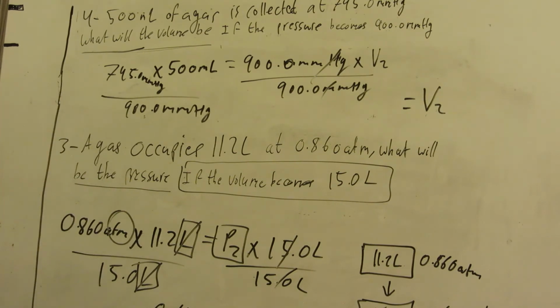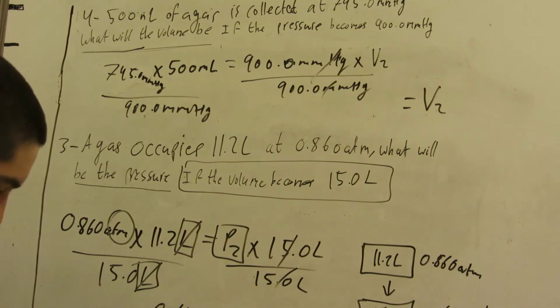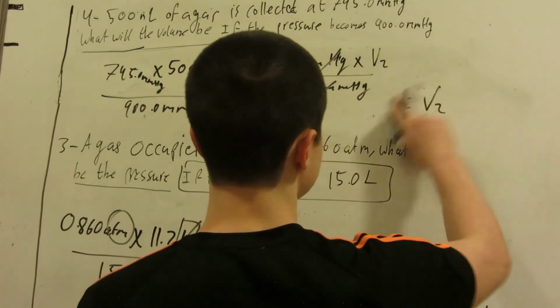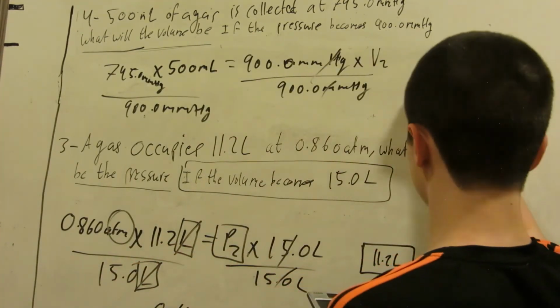Let me just check if I did the math right. Calculator misplaced the number. Great. Okay, 745, and the answer is going to be 413. Just a second.